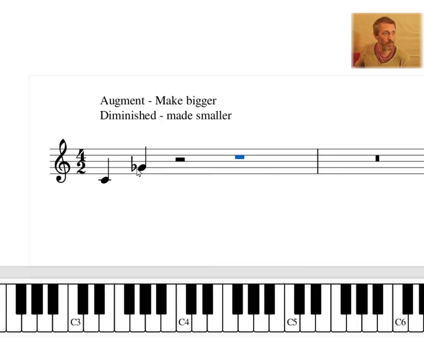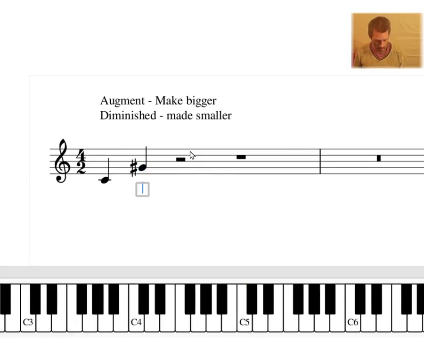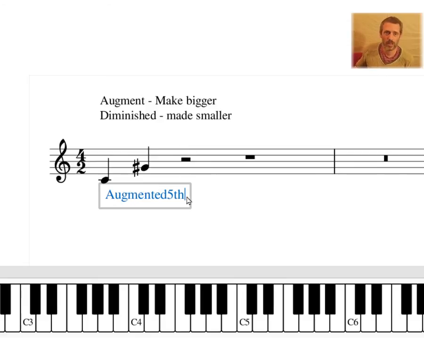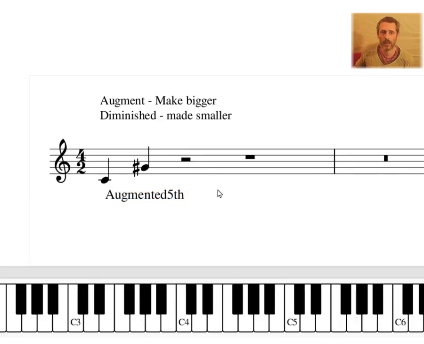So C to G sharp is going to be an augmented fifth. Simple as that.